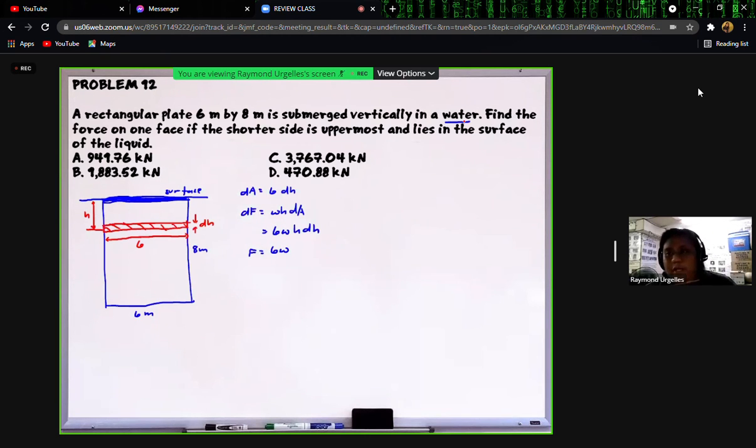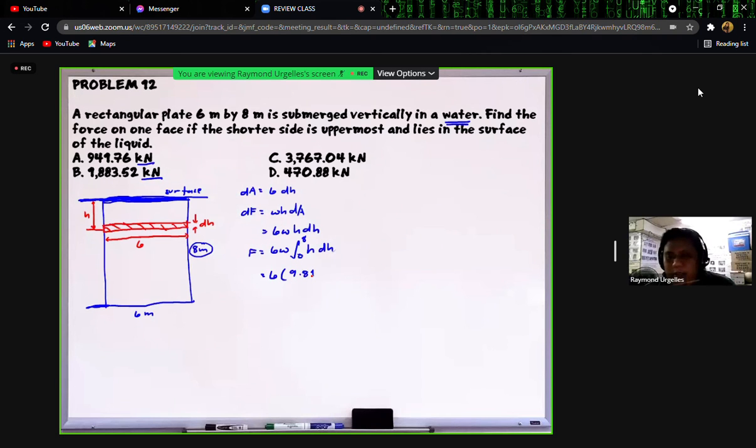Then solving for the force, that will be 6 omega, constant yung omega natin kasi water lang to, integral ng h dh. Ano yung limits of integration natin? Mula dito sa pinaka-surface, where h is 0, hanggang sa pinaka-bottom ng plate natin, where h is equal to 8 meters. So this will be from 0 to 8. Then substitute omega.